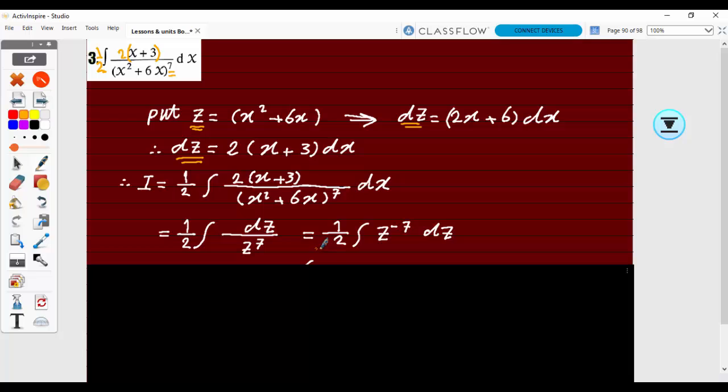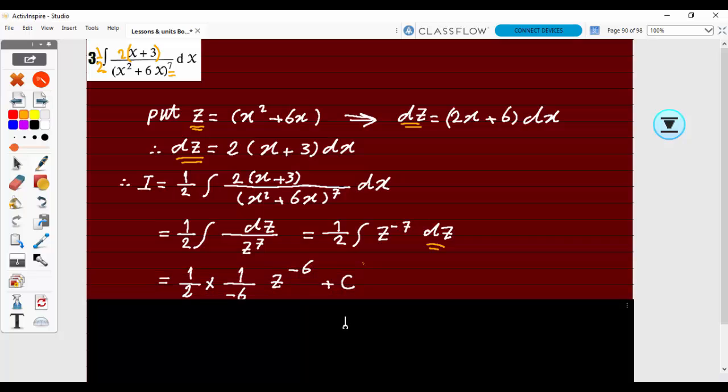And it equals half the integral of z^(-7) dz. Z^7 in the denominator becomes z^(-7) in the numerator.